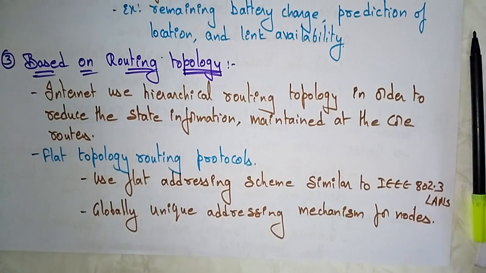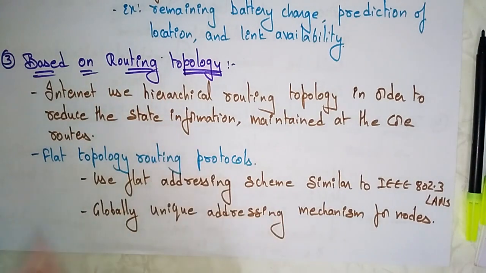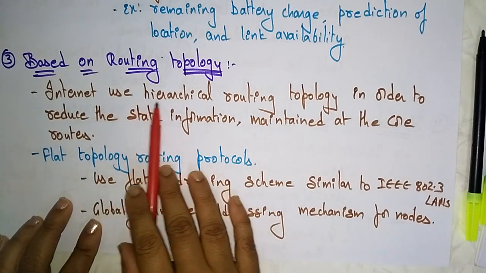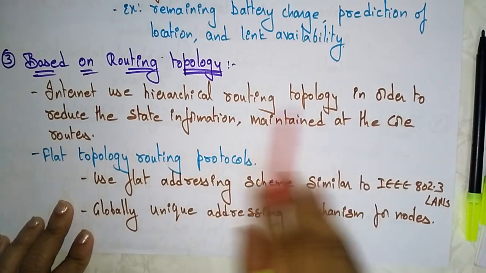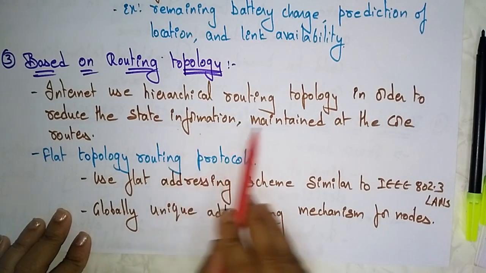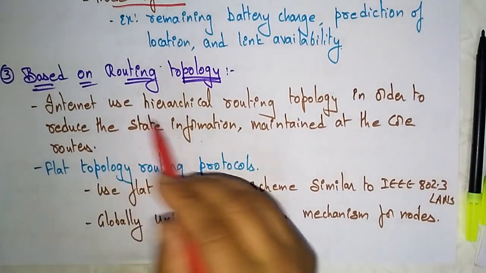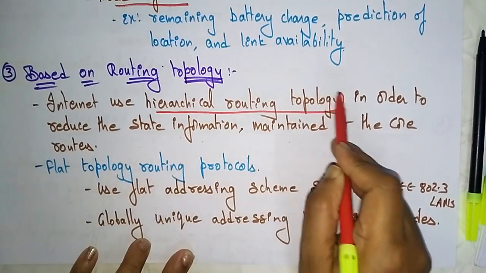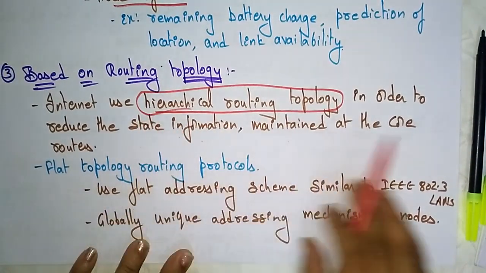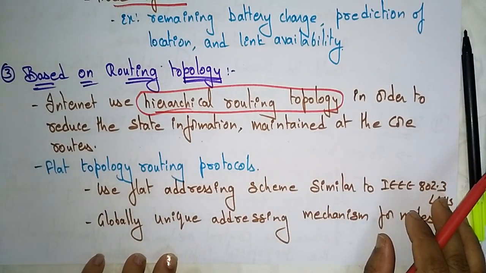And the third one is based on routing topology. Some protocols are completely based on the routing topology. Here the internet uses a hierarchical routing topology in order to reduce the state information maintained at the core routers. So why is it using hierarchical routing topology?